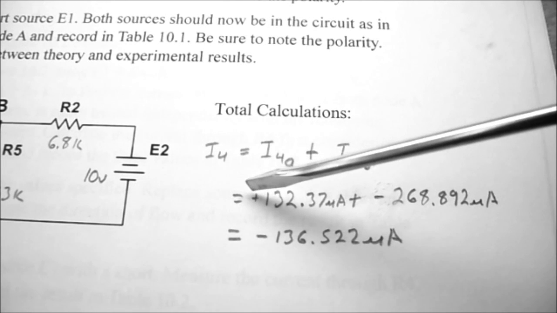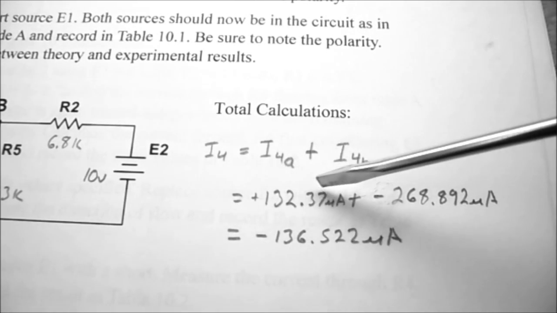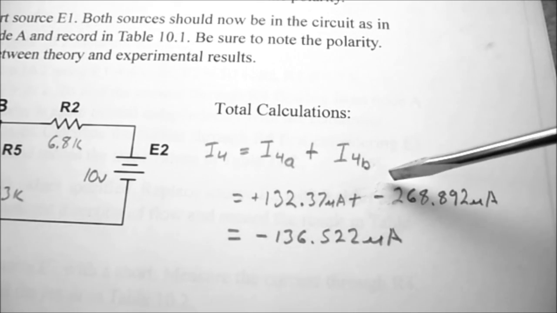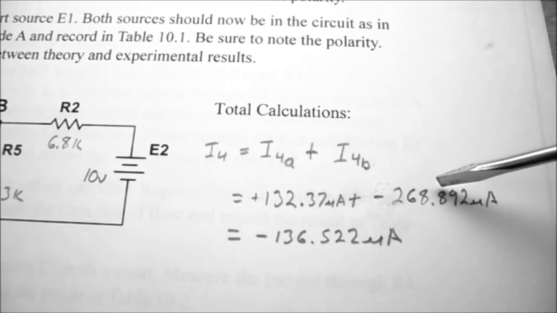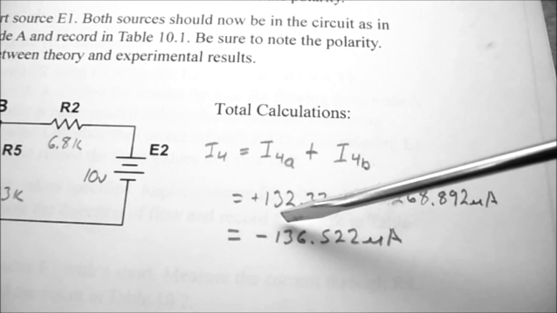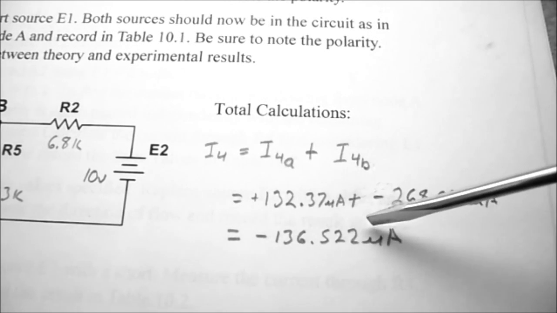So in this case, it's going to be equal to a positive 132.37 microamps plus the negative 268.892 microamps, and that's going to work out to be minus 136.522 microamps.